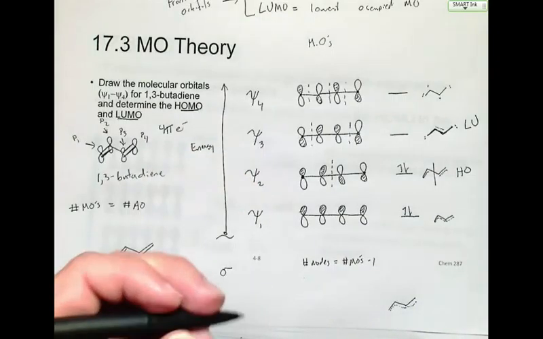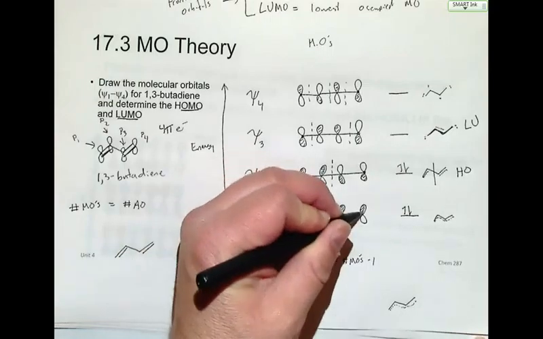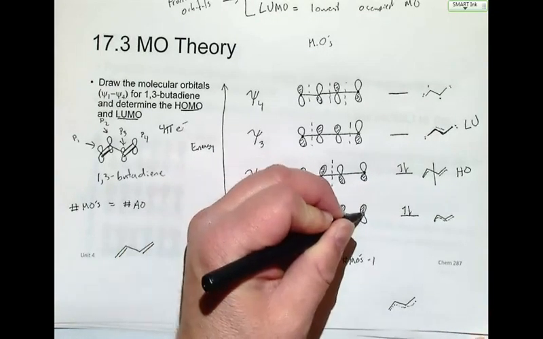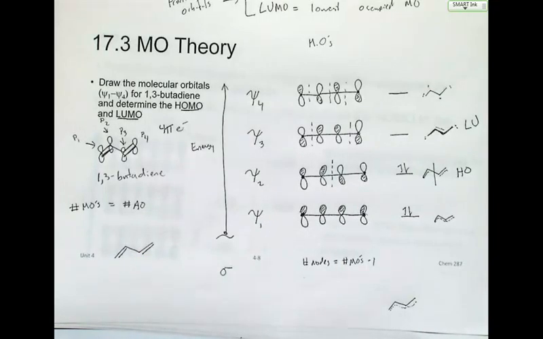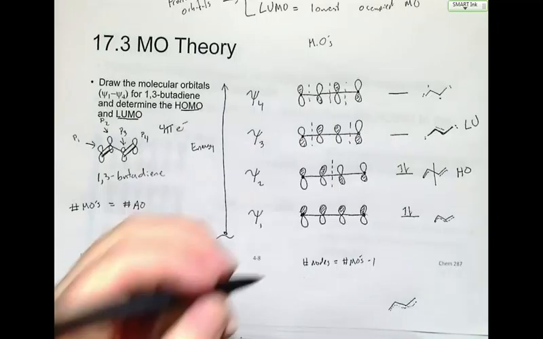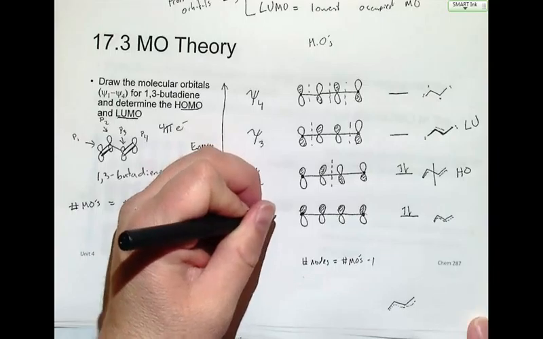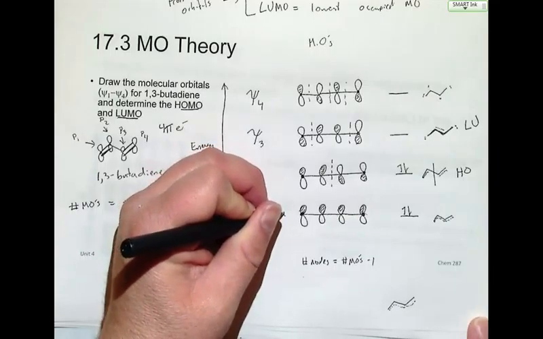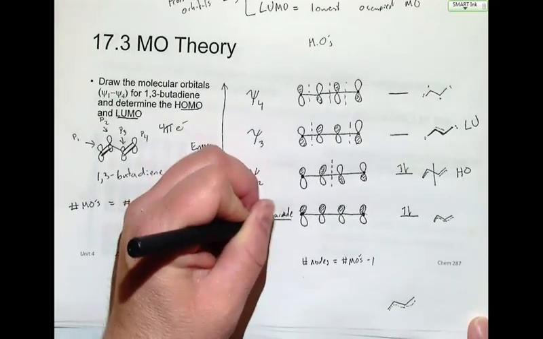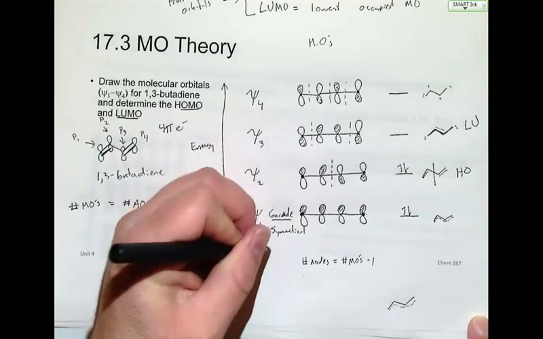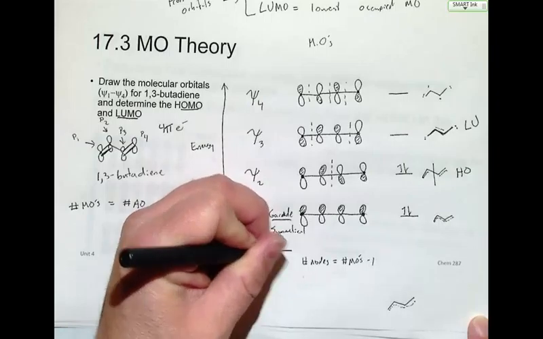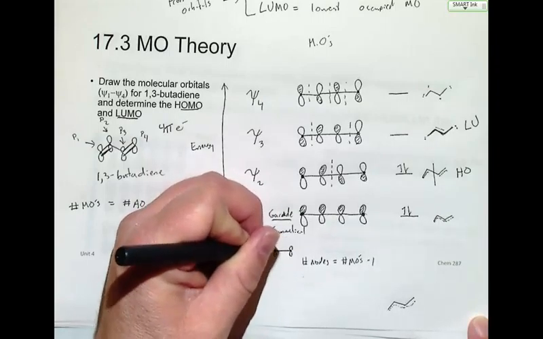How do I want to explain this to you? Let's look at the ends here. Notice here that the ends of these two are symmetrical, right? They both have the phase is symmetrical. We're going to call that gerade. This is an advanced thing. Gerade, meaning symmetrical. Meaning the ends, if we think about them, they have the same phase. We can ignore the middle part.